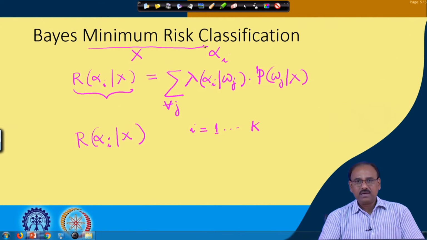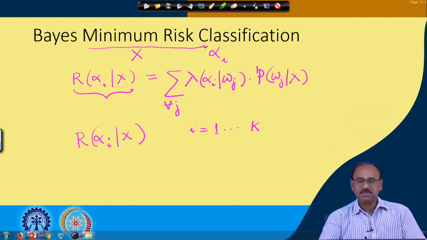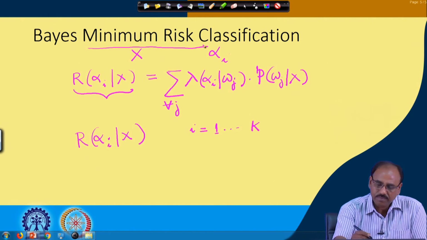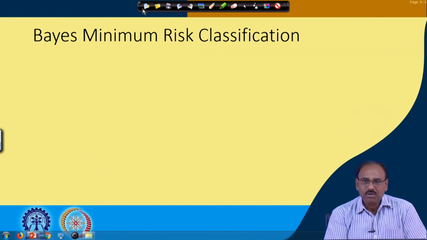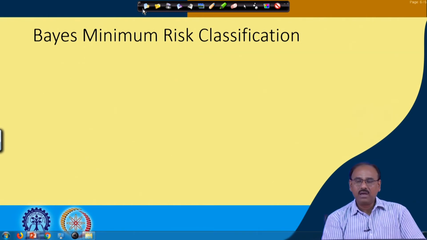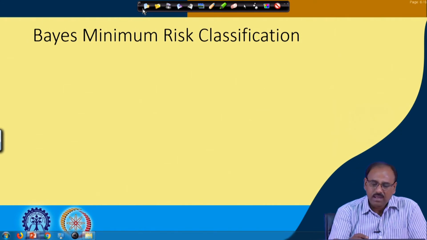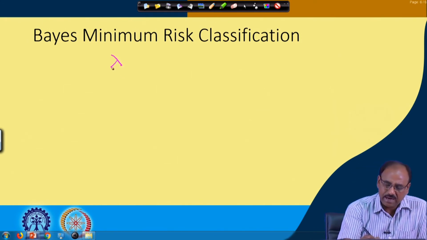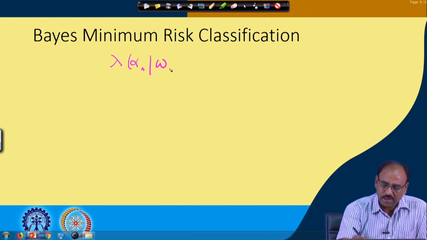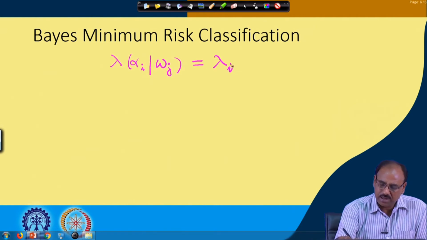Now, let us see whether I can establish any relation between this minimum risk classification and minimum error classification. Let us assume that we have a 0-1 loss function. That is, I assume that lambda of alpha i given omega j, let me represent this in short as lambda i j.